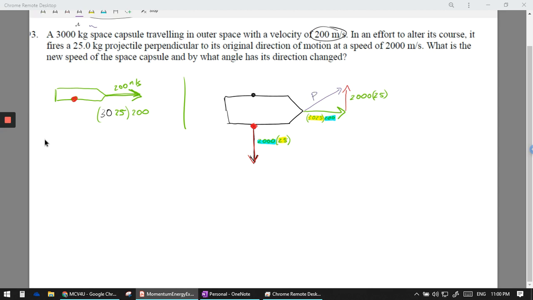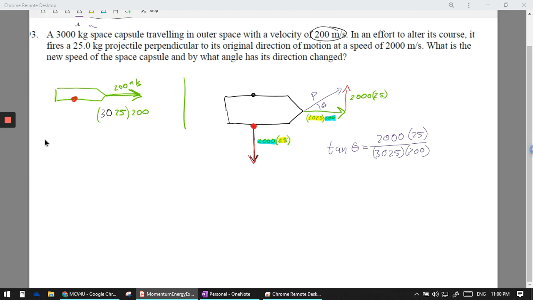We can go right triangle scenario here and figure this out. We could use the Pythagorean theorem if we want. But what is the new speed, and by what angle has it changed? We want this angle, so it seems logical to use the tangent, which is the opposite, 2,000 times 25, over 3,025 times 200.